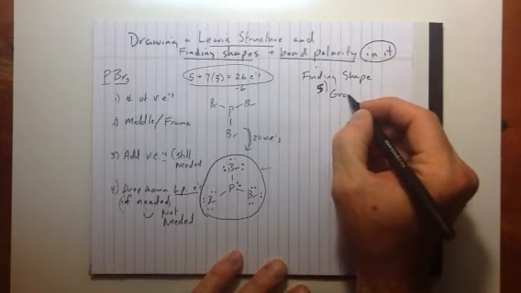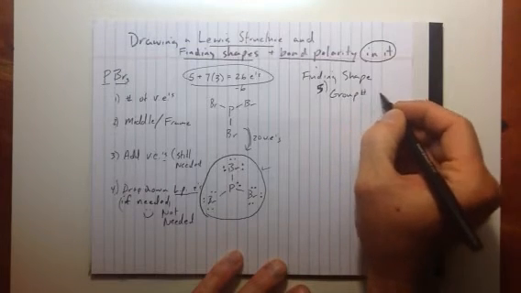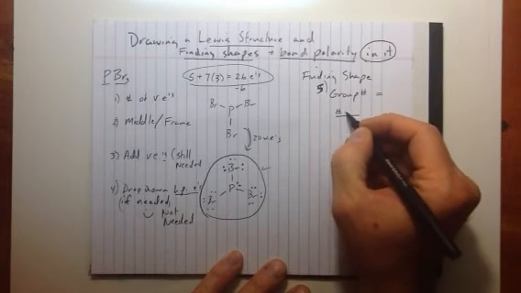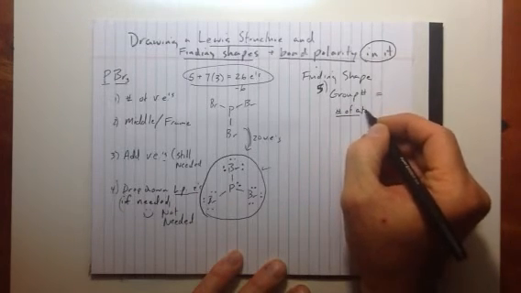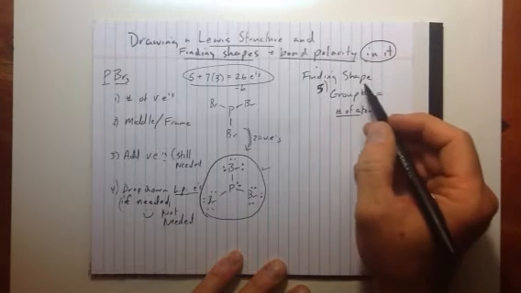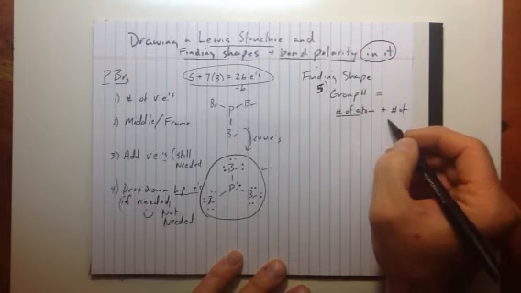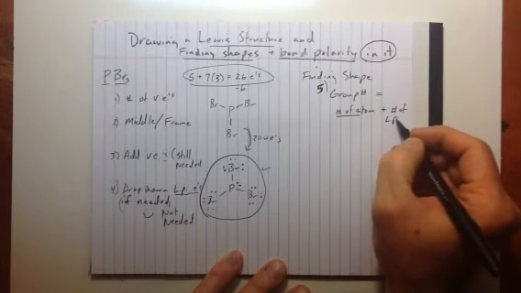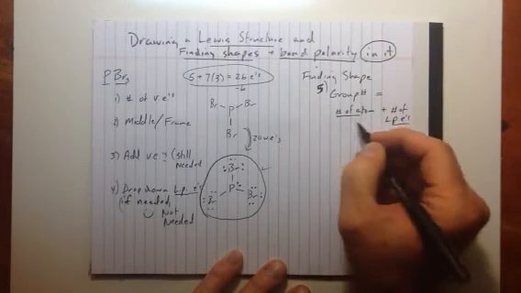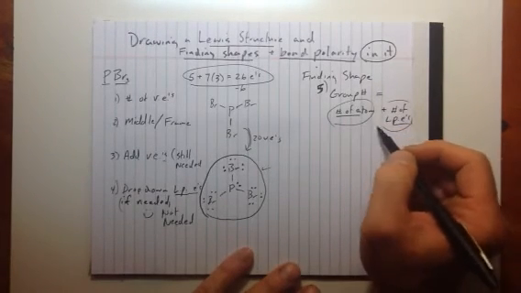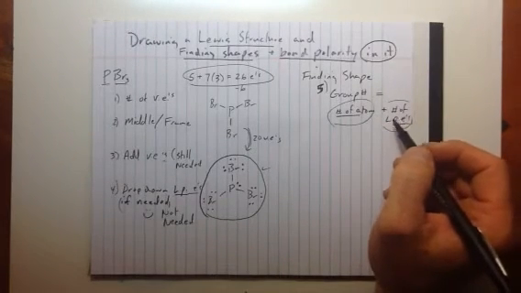The group number is equal to, I'll put it down here, number of atoms off of that particular one you're finding the shape around, plus number of lone pair electrons. So the group number is equal to the number of atoms and lone pairs off of a particular atom.